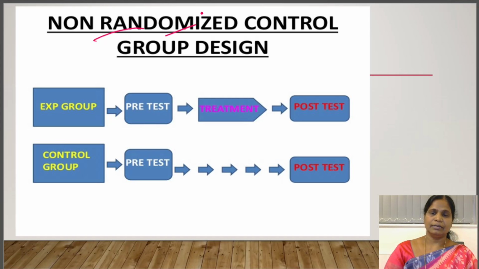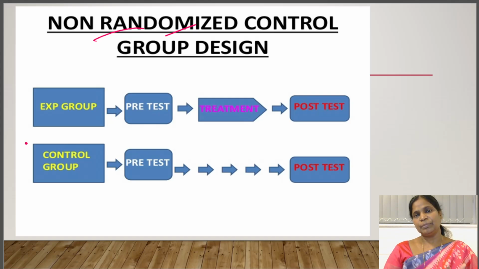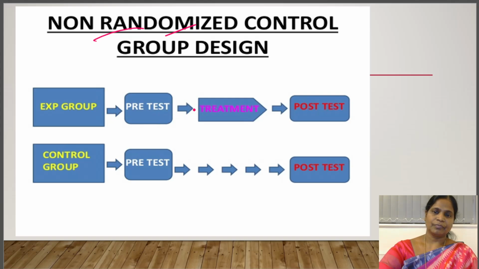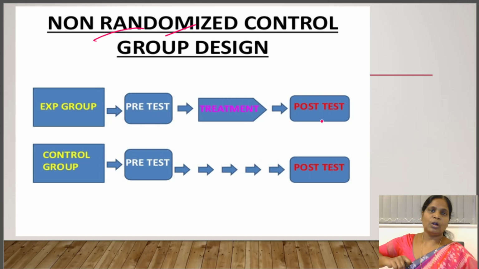Randomization is missing. We have random sampling techniques, but that is not there. Sometimes we can take convenience samples, whoever the researcher feels is convenient or available at that period. He can just select the sample and do the study. The control group and other aspects are the same, like pre-test, treatment, post-test, but samples are not randomized.